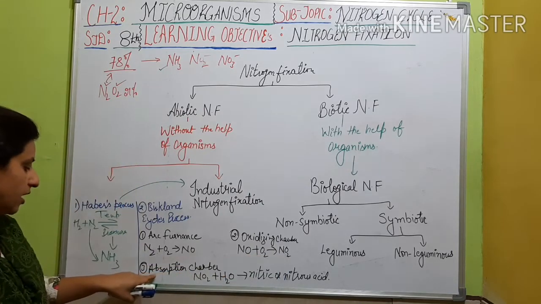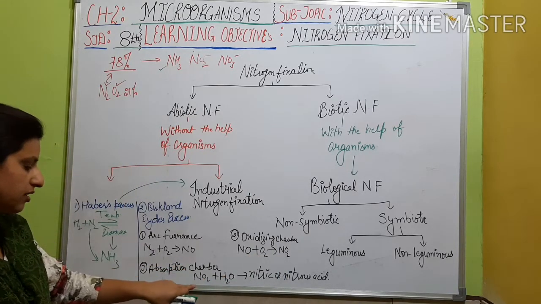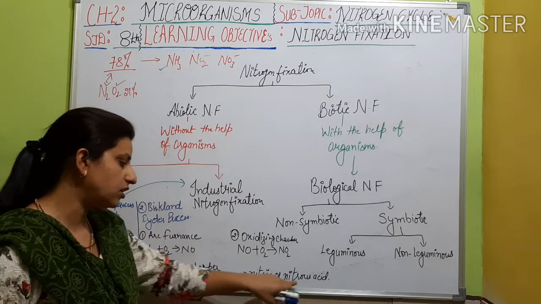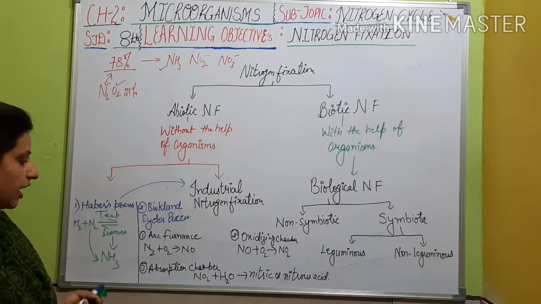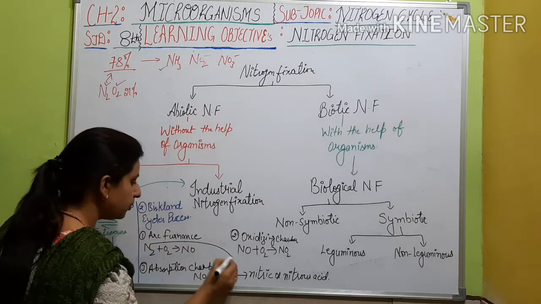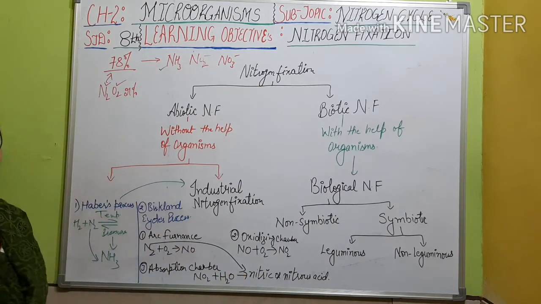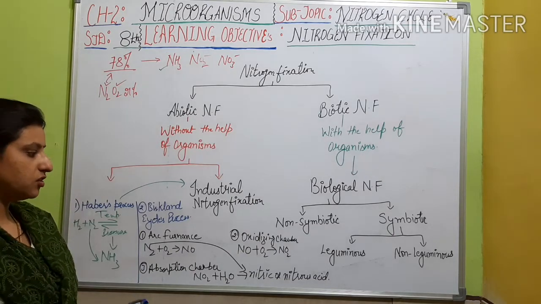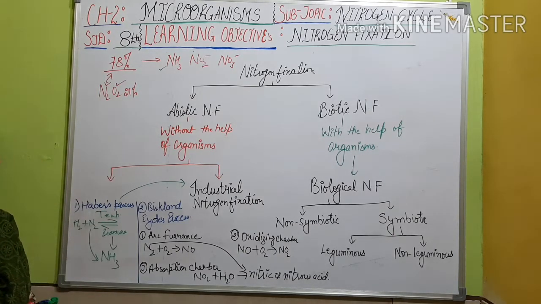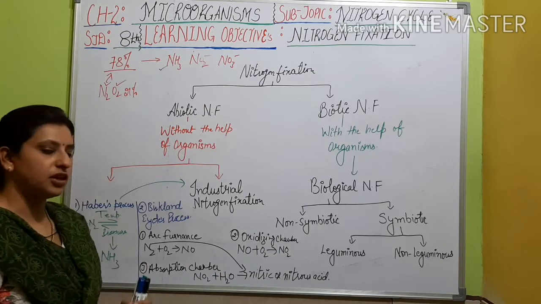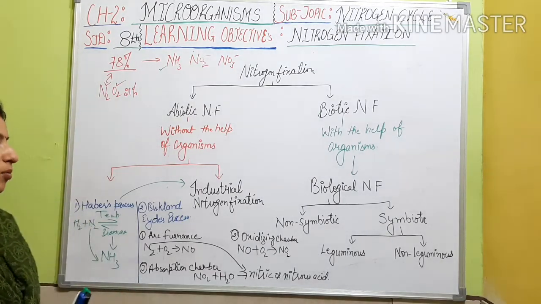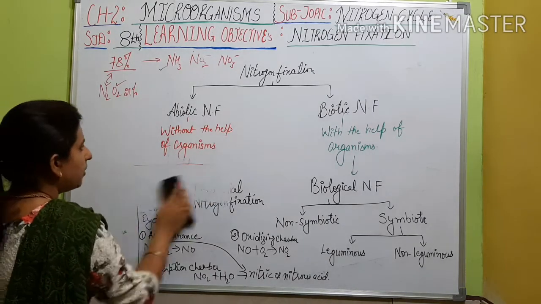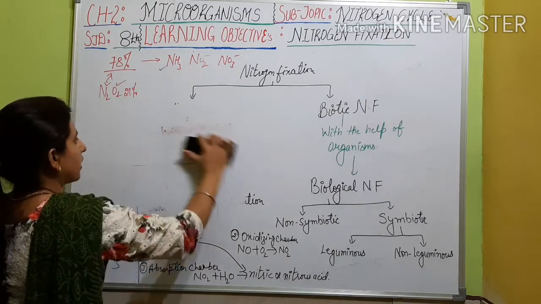Now in the absorption chamber, this nitrogen dioxide combines with water to form nitric acid or nitrous acid. And the nitric acid is the usable form of nitrogen, which is fixed to form many kinds of proteins, amino acids and nucleic acids in our body. So this is the discussion about abiotic nitrogen fixation.